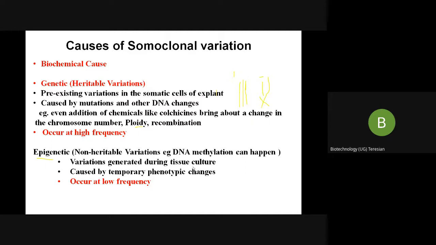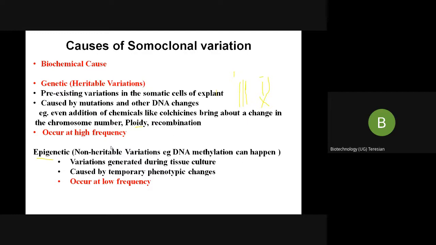It will not go to its progeny. And these occur at low frequency, whereas the heritable variations, where we spoke about ploidy or recombination, occur at higher frequency. So as I told, DNA methylation can happen.